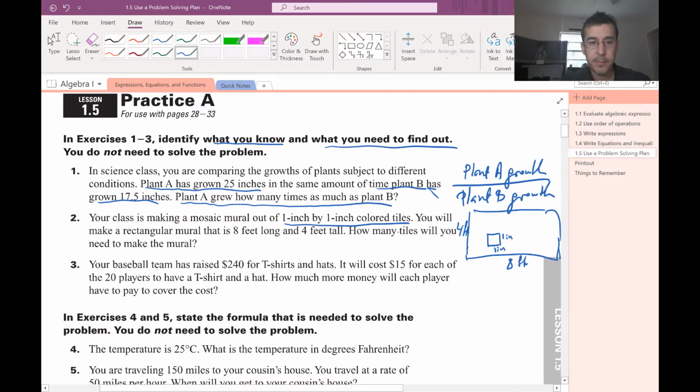And we have to find out how many tiles you will need to make the mural. So we need to find out how many tiles will fit in the mural.